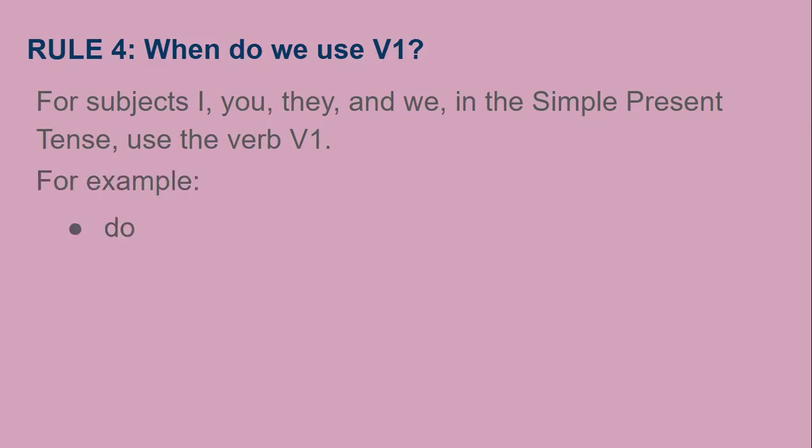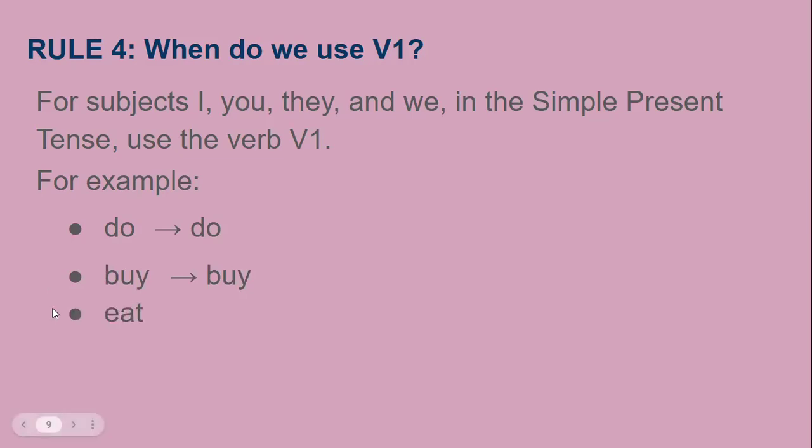For example, do. For subjects I, you, they, we, do becomes do. We don't do anything to it. Why? Because our subject is I, you, they, or we. So we don't do anything to the verb. We leave it in its original infinitive form. The same with buy. Buy becomes buy.